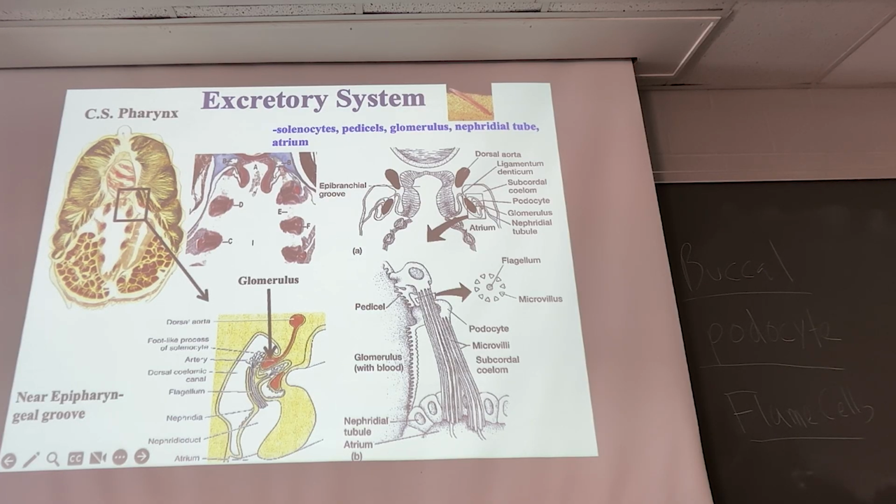But remember, form equals function. What you see determines probably how it works. The paper from the 70s that does this is just really poorly done. The microscopy sucks, and the EM pictures are atrocious, and it's honestly not very good. I wish I could redo it.